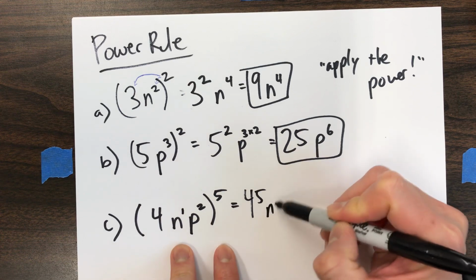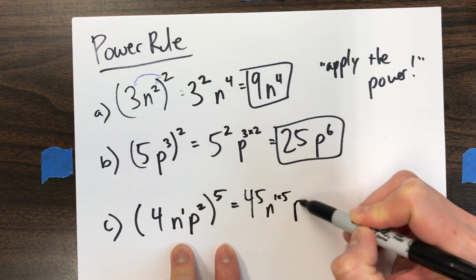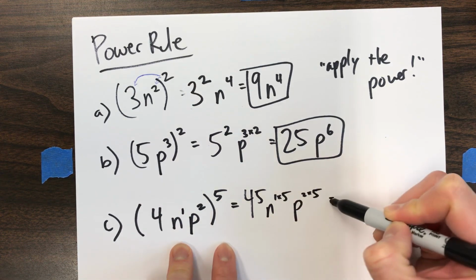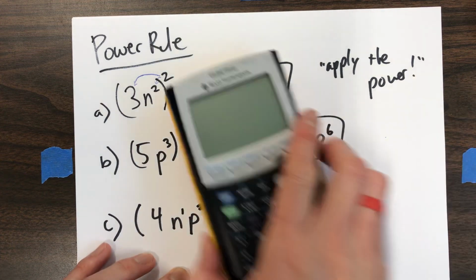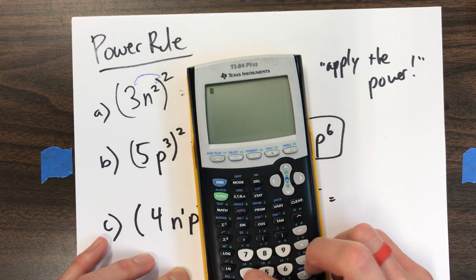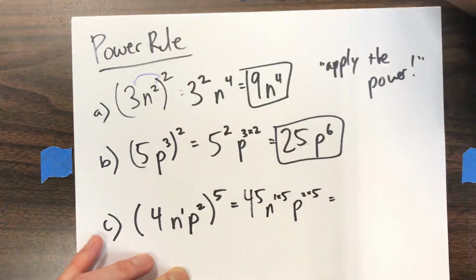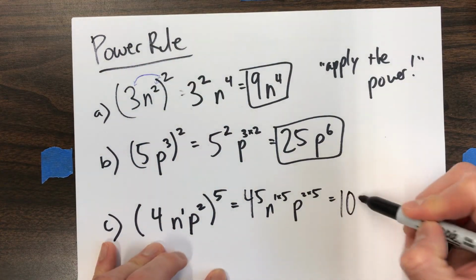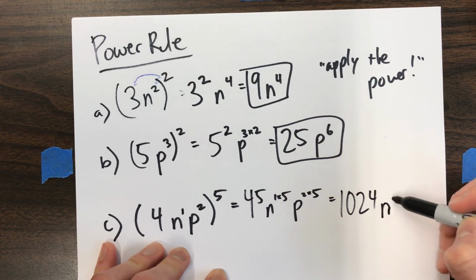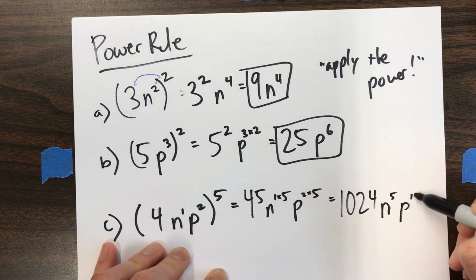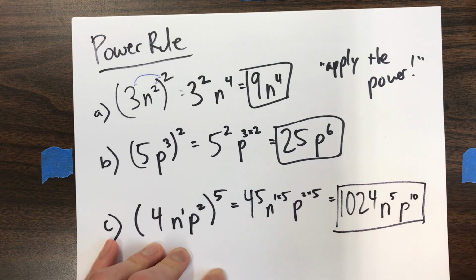So it's n to the 1 times the 5, and then p to the 2 times the 5. So what in the world is 4 to the 5th power? I have no idea what that is. Okay. 1024. I bet some of you knew that. n to the 5th power, p to the 10th power. And ta-da, just like that.